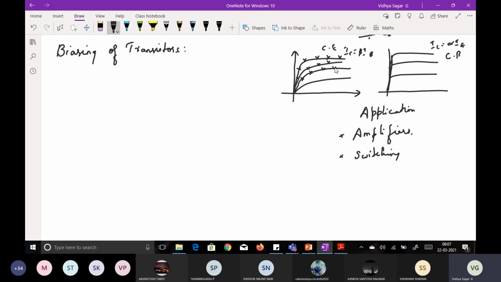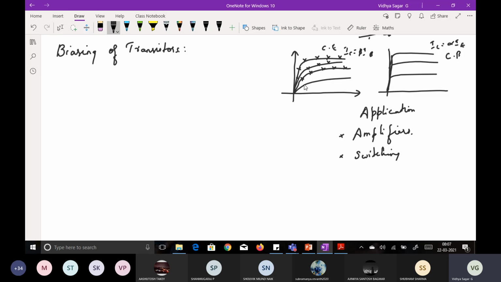So these are your coordinating points, you could say, for a common emitter configuration. So where should I apply? I could apply here, here, or here, or here. So there are multiple coordinating points throughout your characteristics. So where should I apply your input such that my output current is maximum?